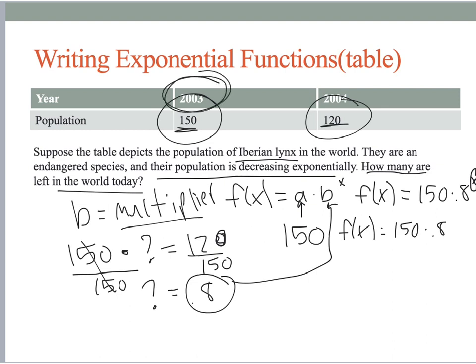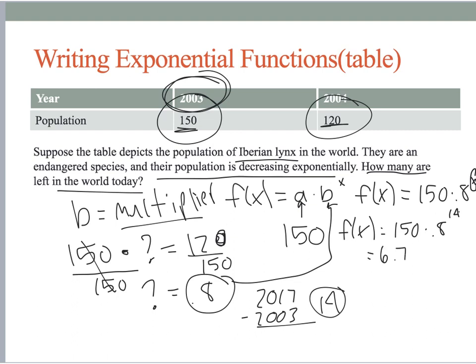It's 2017 right now, minus 2003. Let's see, it has been 14 years, so this is going to go in for x. Then we grab our calculators and do 150 times 0.8 to the 14th power. And I get right around 6.7.